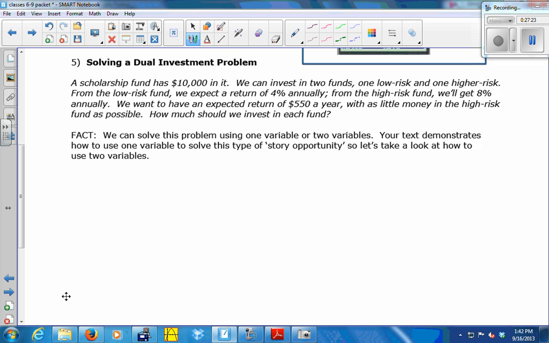Okay, so step 1, find the question. What are they asking me? Yeah, how much do we have to invest in each fund to make the $550? So let's let X be the amount invested in the low risk, right?